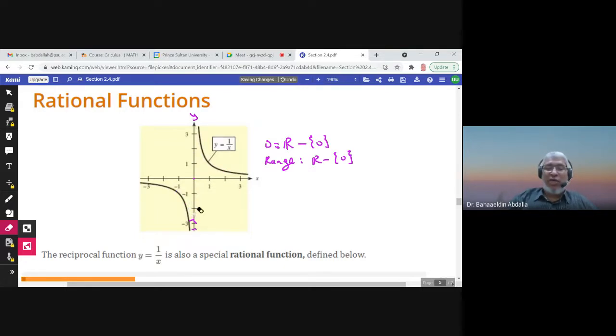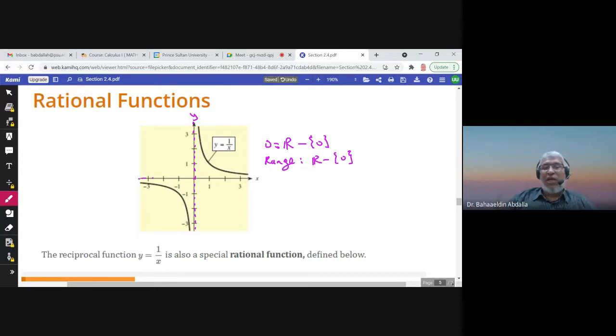Also, you notice that there are what we call asymptotes. This line is a vertical asymptote for this function because the function approaches this line from the right and from the left, but it never touches the vertical asymptote.